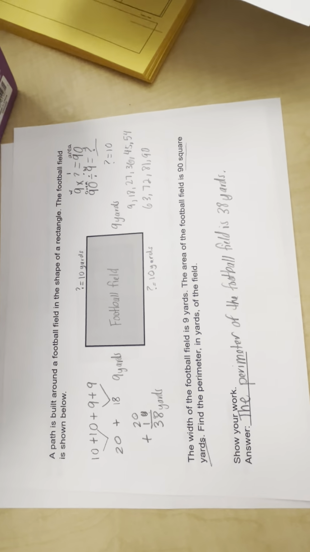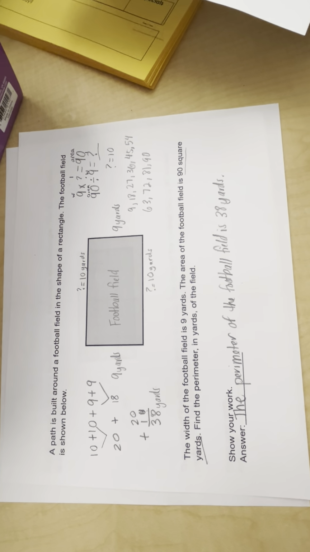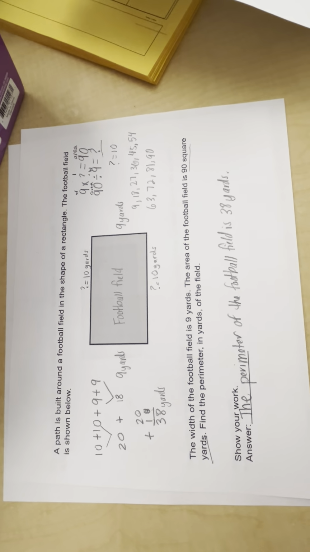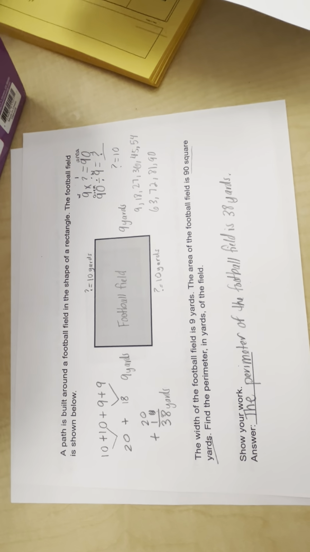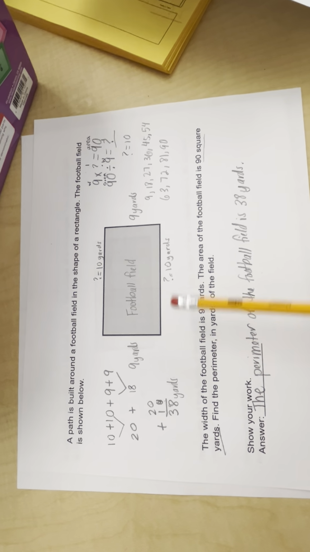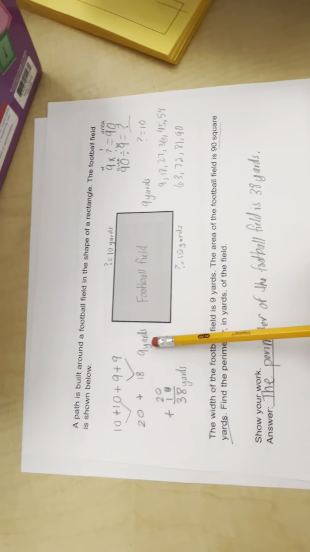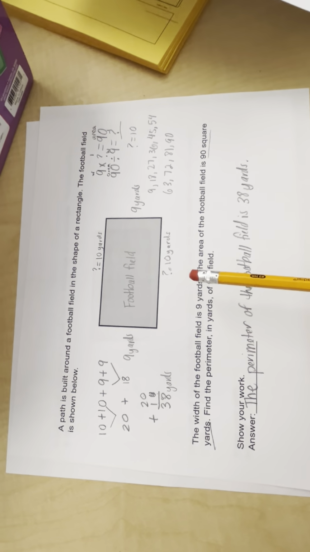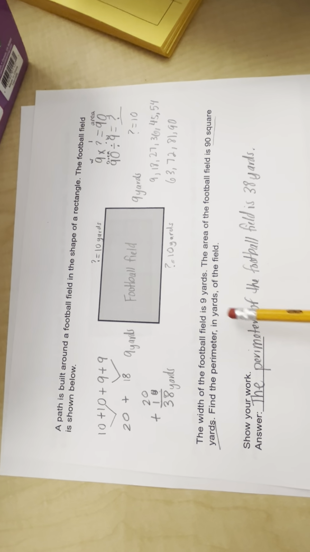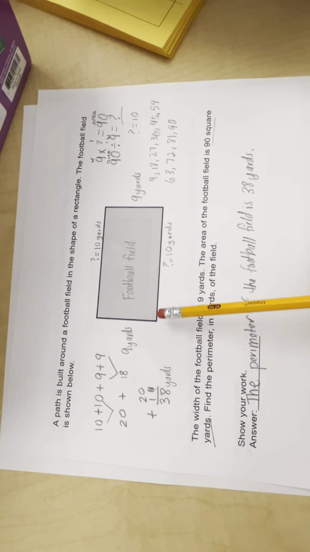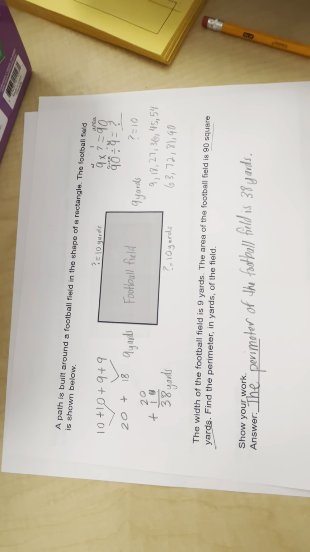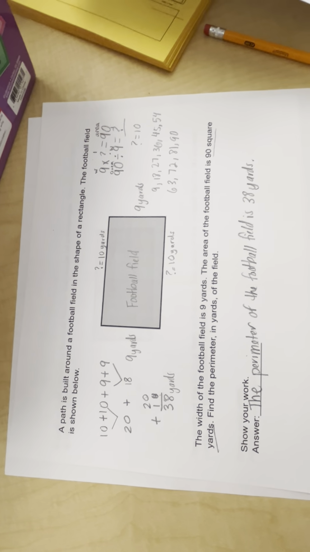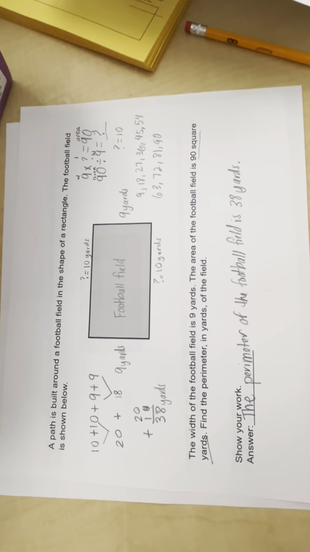Now we need to double check and make sure this makes sense. If I know that length times width equals the area, let me double check that 9 times 10 actually equals 90, which is the area they gave me. Okay, 9 times 10. I can skip count by 10, 9 times. 10, 20, 30, 40, 50, 60, 70, 80, 90.